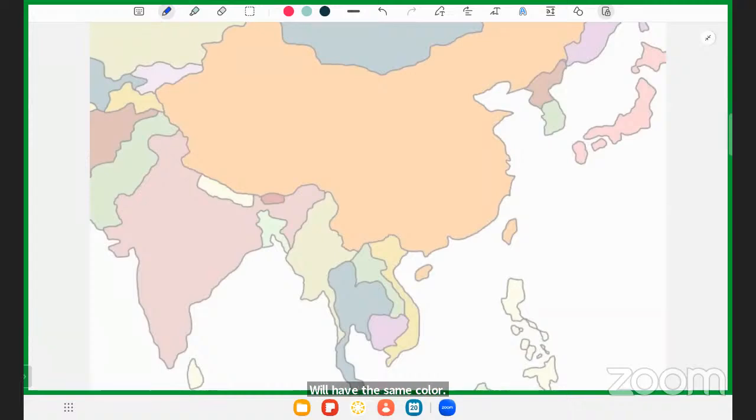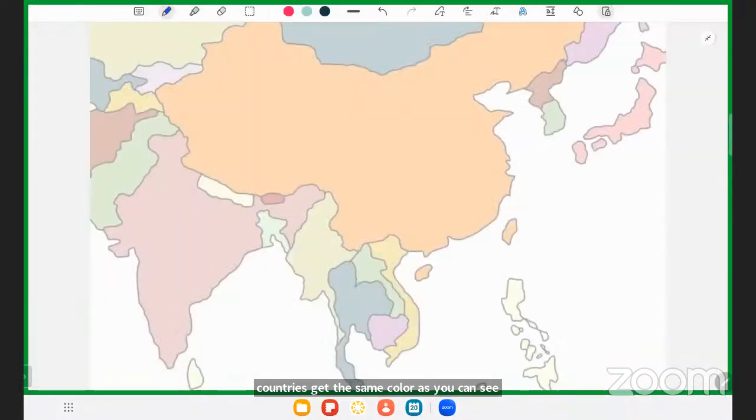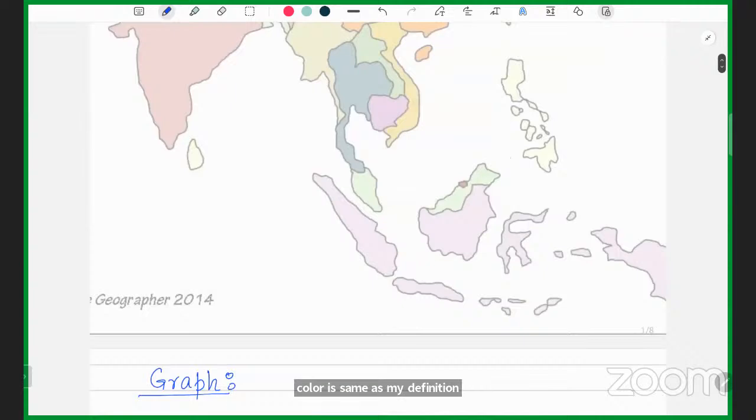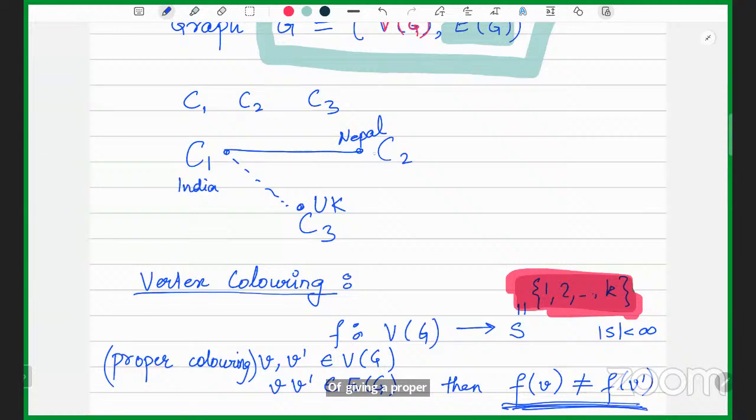Because if two adjacent countries get the same color, as you can see here, if let's say this and this got the same color, then this boundary will not be visible, right? Therefore, the adjacent countries we would want to give different colors. And adjacent countries getting different colors is the same as my definition of giving a proper coloring to the associated graph for the world map, right?